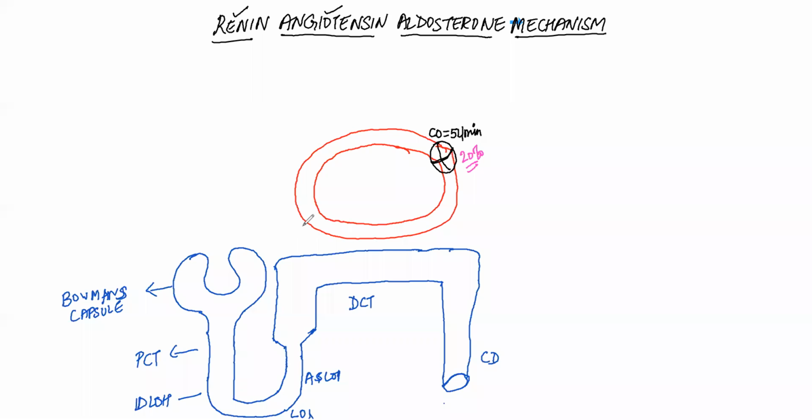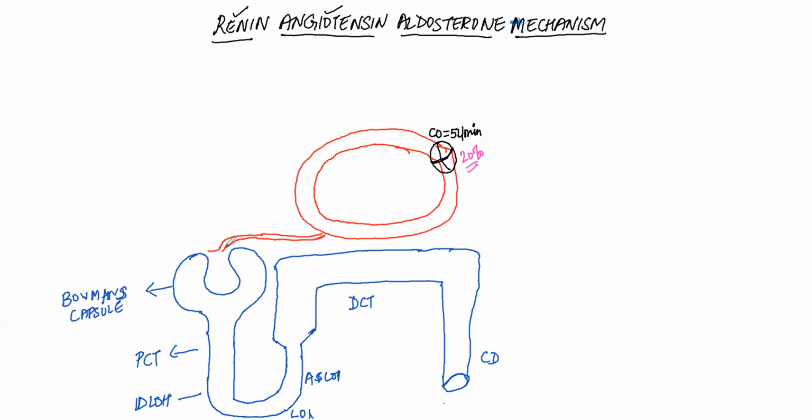So what we'll do is draw the renal artery now. From the general circulation, there is the renal artery coming in, and basically what we are drawing is the afferent arteriole.